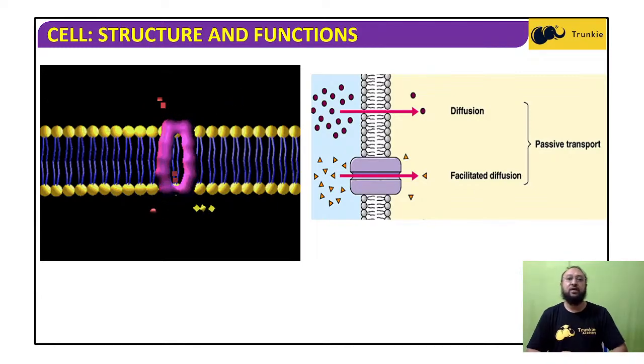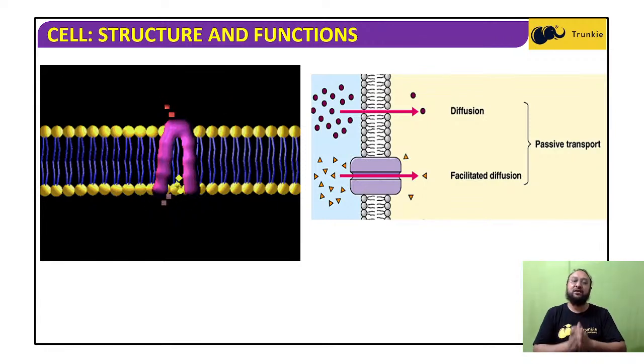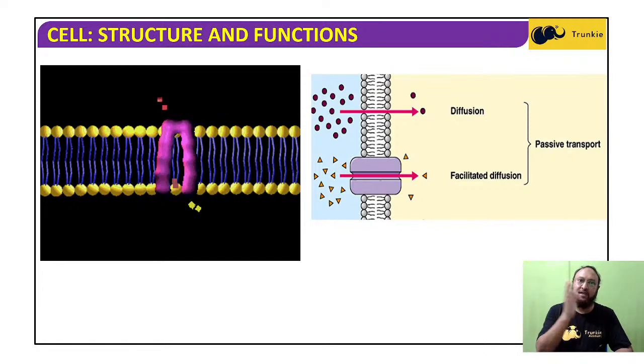Here you can see one diagram where the molecules are going into a kind of channel or chamber, which opens when it moves to the outside, or when it comes in from outside.